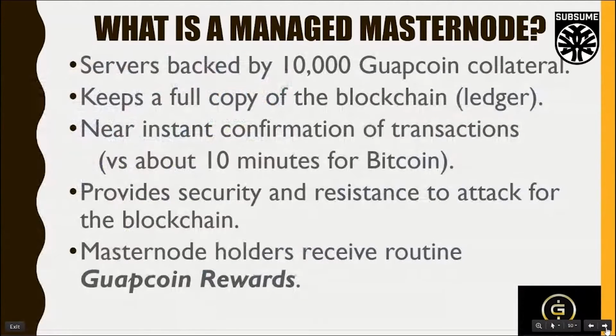In order to have a masternode, it is backed by 10,000 GuapCoin collateral. So you would acquire the 10,000 GuapCoin. That would be locked away. It doesn't mean you never have access to it again or anything like that. It just means that it is being held, right?